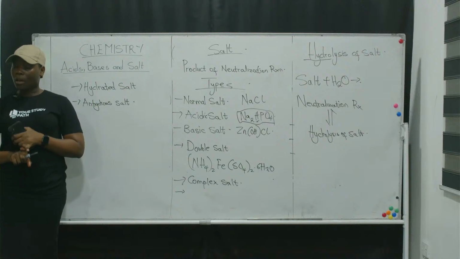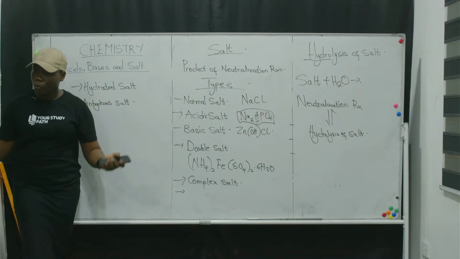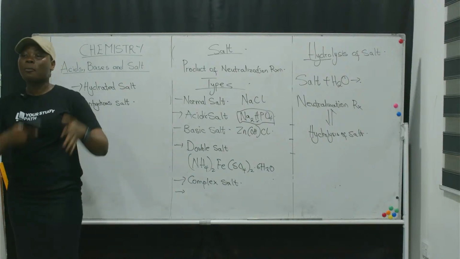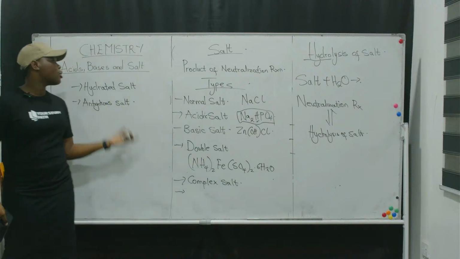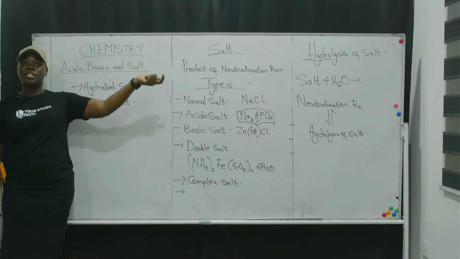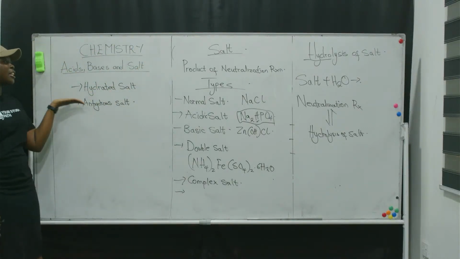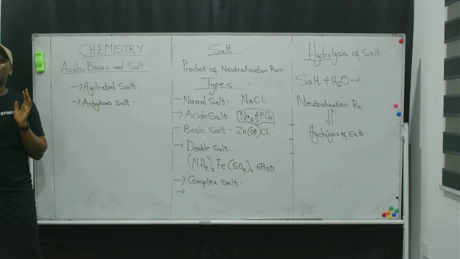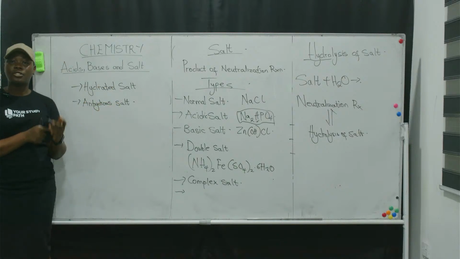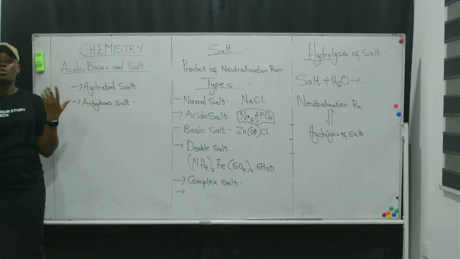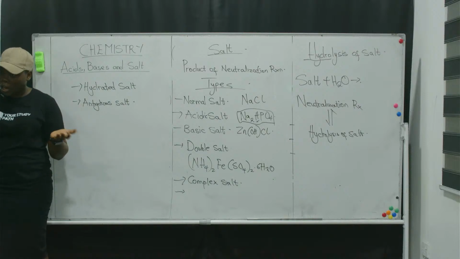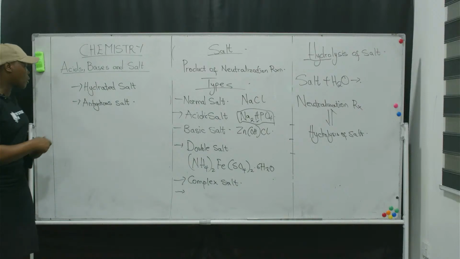I said a salt can have a certain number of molecules of water. That molecule of water is the water of crystallization. So salt that has water of crystallization is called hydrated salt. Salt that does not have water of crystallization is called anhydrous salt. Salt that does not contain water molecules. Are we together? So we are fine on this.